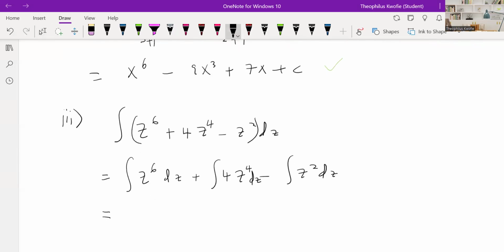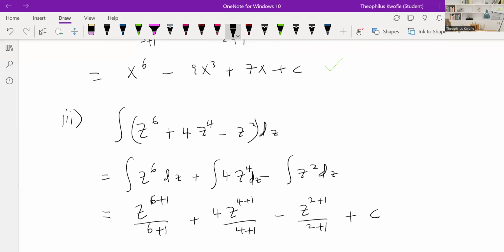Now, when we integrate this, we add 1 to the power and divide by the increased power. Then we add a constant c to that.